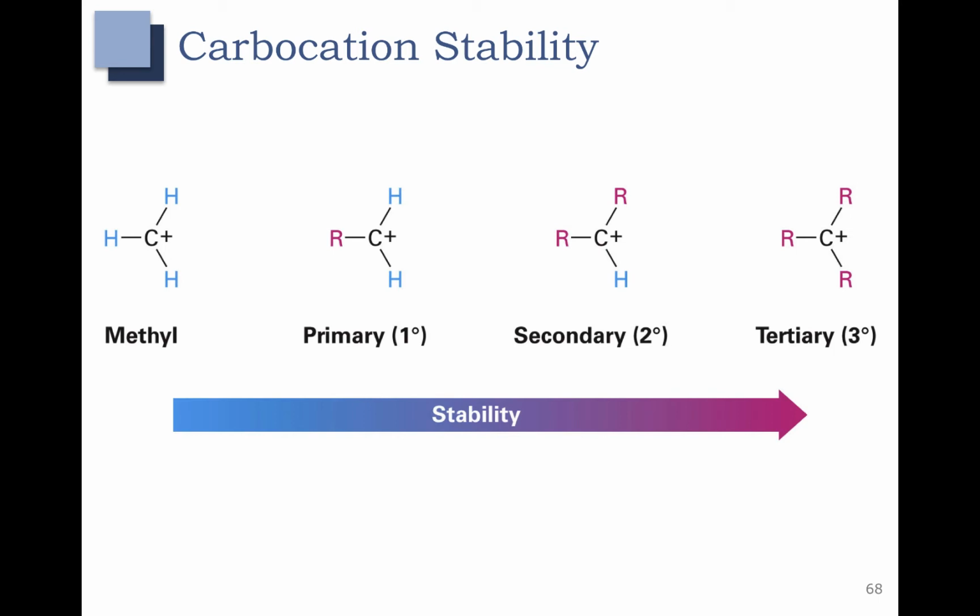Let's draw some specific examples. This is an example of a primary carbocation. So we have a primary carbocation, and now I drew a secondary carbocation.